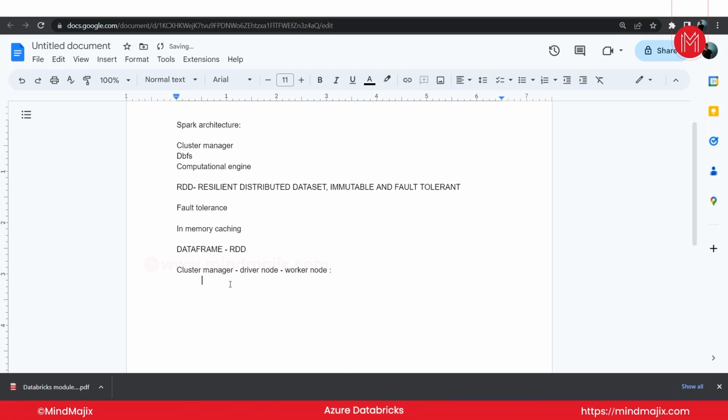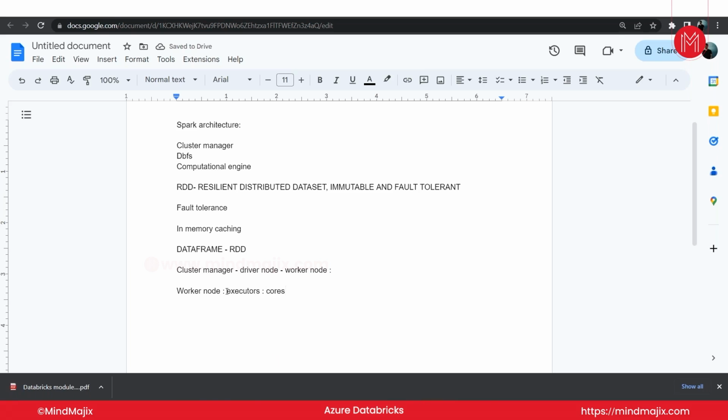Now what happens is, inside the worker node we have executors, and inside these executors there are cores.